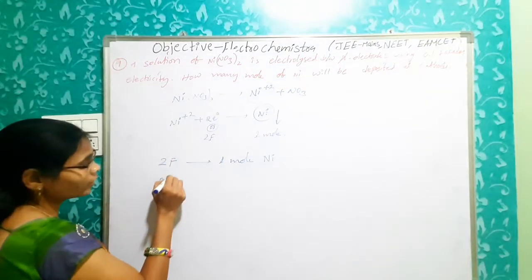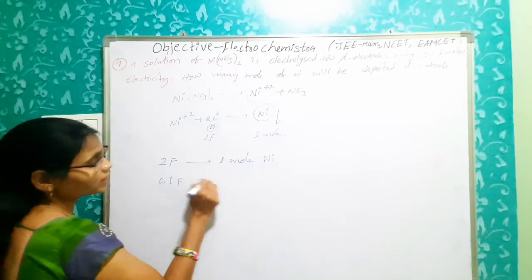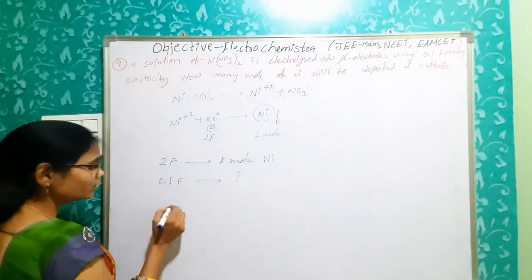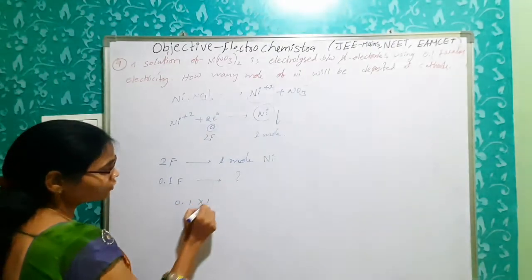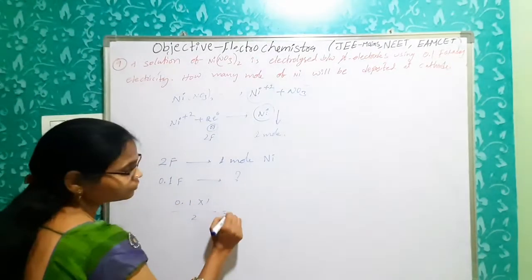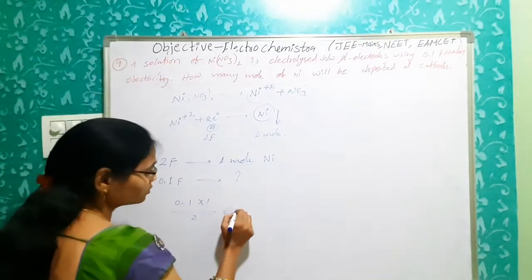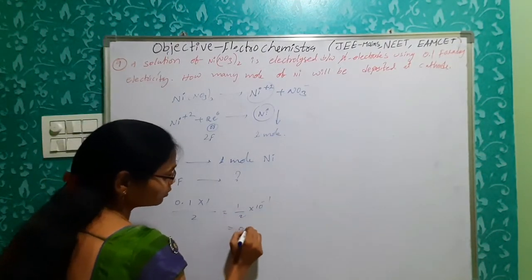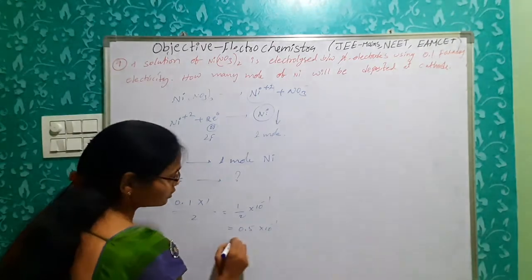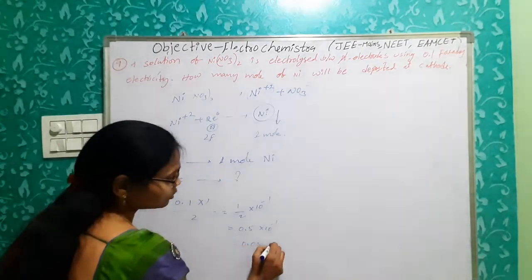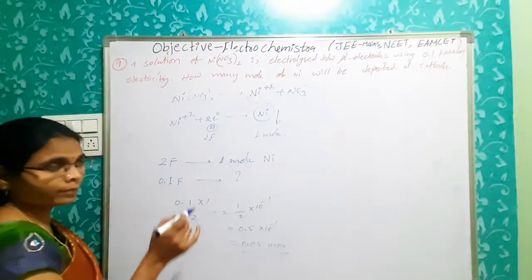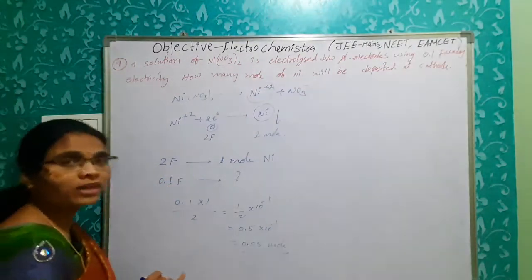By using 0.1 Faraday of electricity, how many moles are deposited? Very simple, cross multiply: 0.1 into 1 by 2, that is 1 by 2 into 10 power minus 1, 0.5 into 10 power minus 1, means 0.05 moles of nickel deposited by passing 0.1 Faraday of electricity.